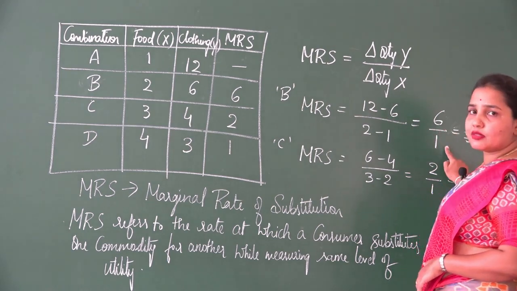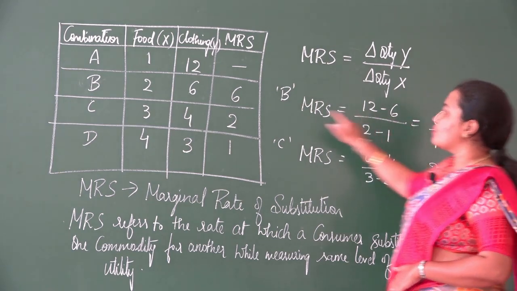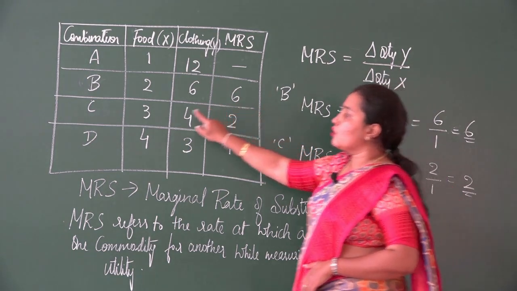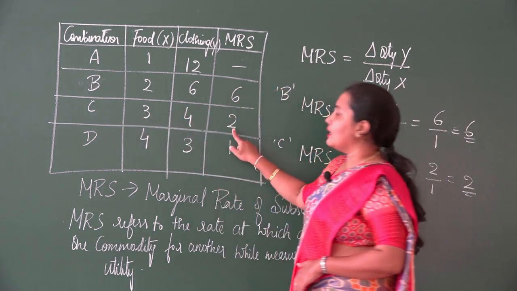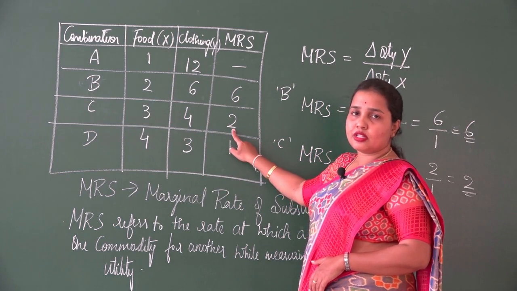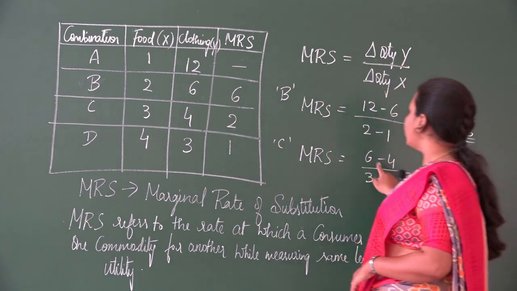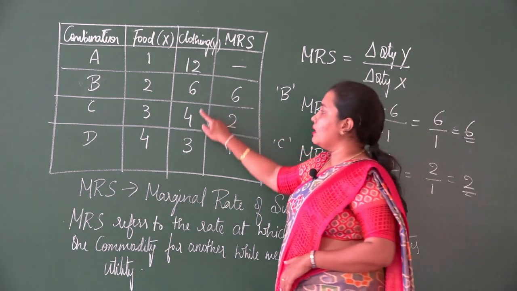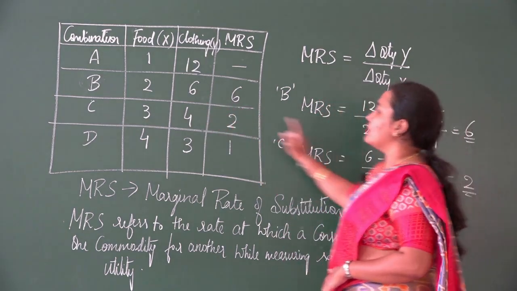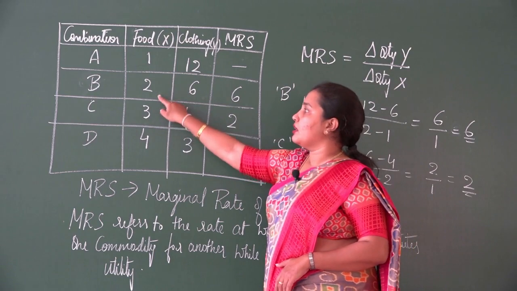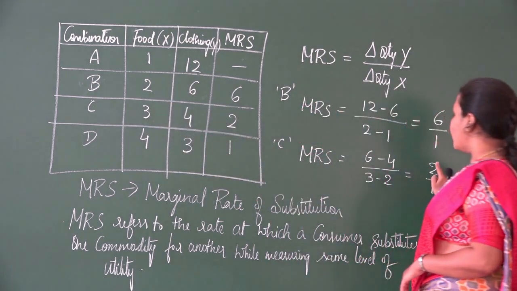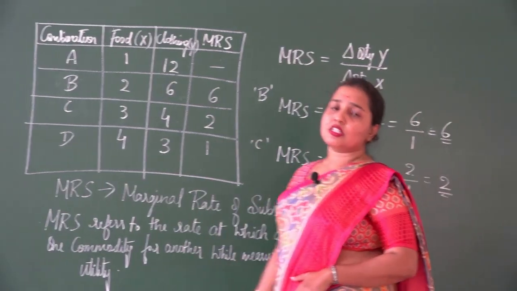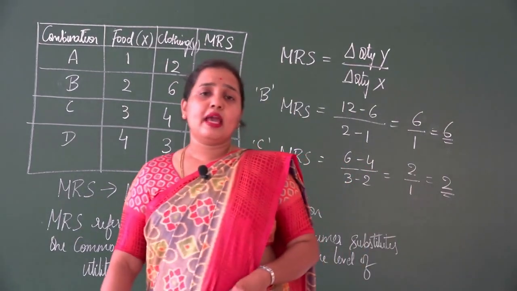When we divide 6 by 1, we get 6, which is the marginal rate of substitution. Likewise, in combination C, we get marginal rate of substitution as 2. Why? Because the change in quantity Y, that is 6 minus 4, is 2, and change in quantity X, 3 minus 2, is 1. When we divide 2 by 1, we get 2 as MRS. This is how we need to calculate MRS.